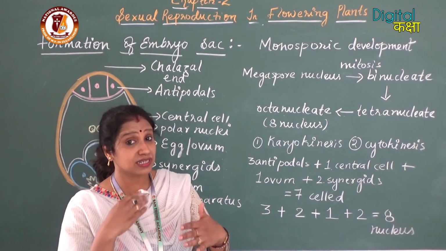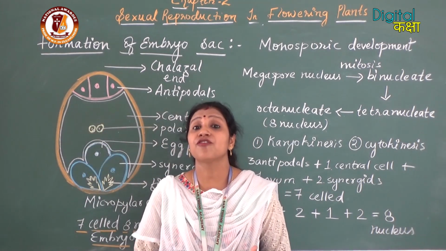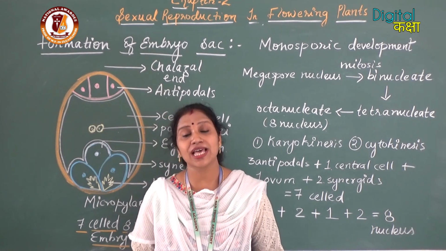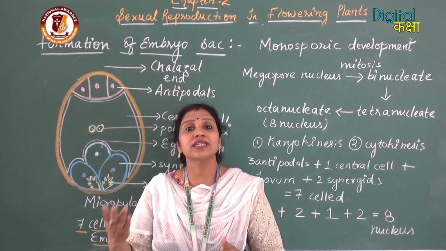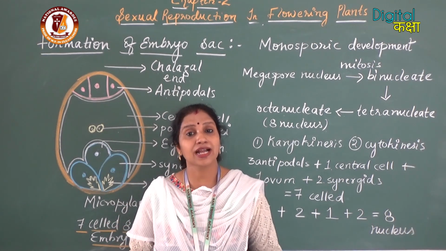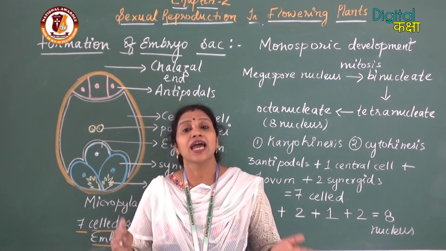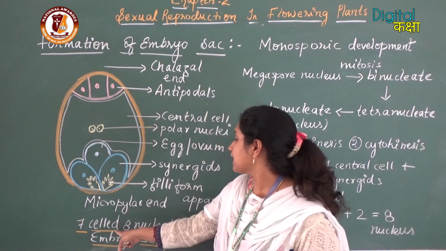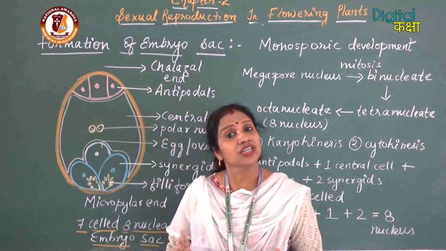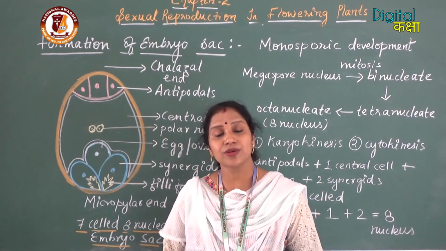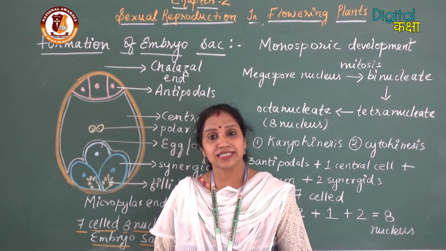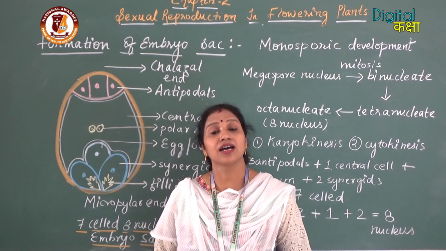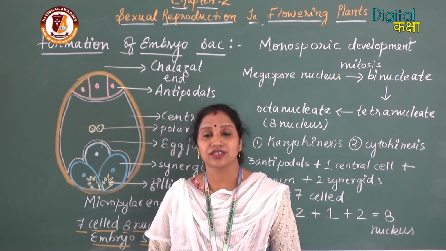After that, we have discussed the formation of the embryo sac, how the megaspore is converted into the embryo sac by continuous divisions and it becomes 7-celled and 8 nucleate. I think all of you must have understood the concepts. So, for the next class we will be dealing with gamete transfer.